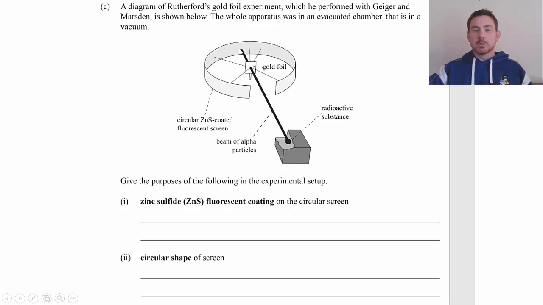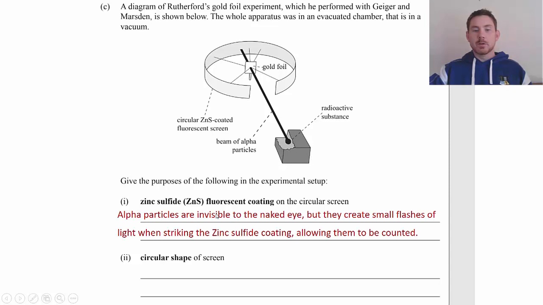So when the alpha particles hit the zinc sulfide screen, there is a reaction and a flash of light is given off. So the zinc sulfide screen would glow or flash every time an alpha particle hit it, and that would allow you to count the alpha radiation and also to locate where the alpha particles were traveling to after interacting with the gold foil. So alpha particles are invisible to the naked eye, but they create small flashes of light when striking the zinc sulfide coating, which allows them to be counted and located.